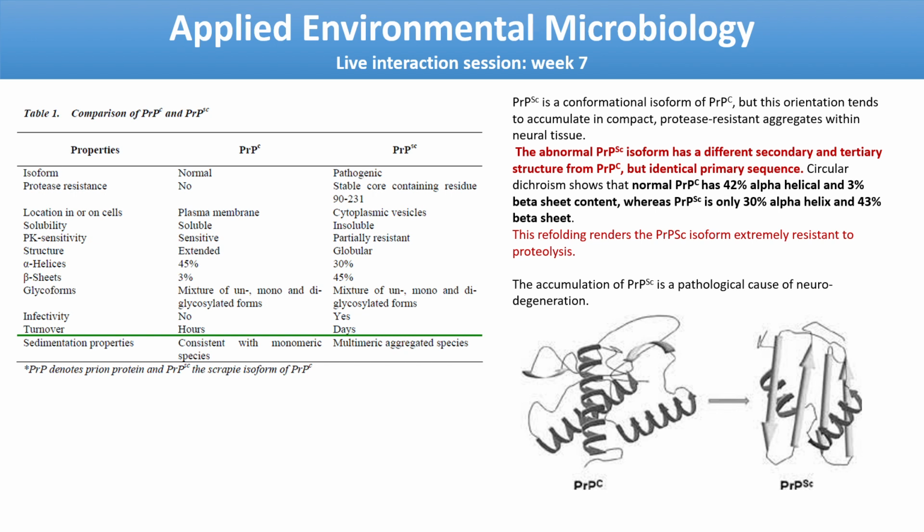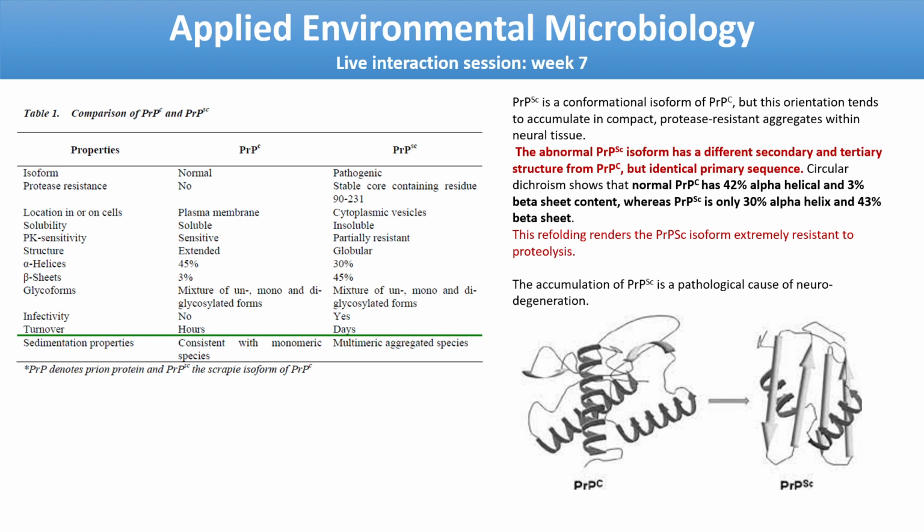PrPC is generally located in the plasma membrane, whereas PrPSc is located in the cytoplasmic vesicles. PrPC is known to be soluble, whereas PrPSc is insoluble, and the PK sensitivity of PrPC is highly sensitive, whereas PrPSc is partially sensitive.